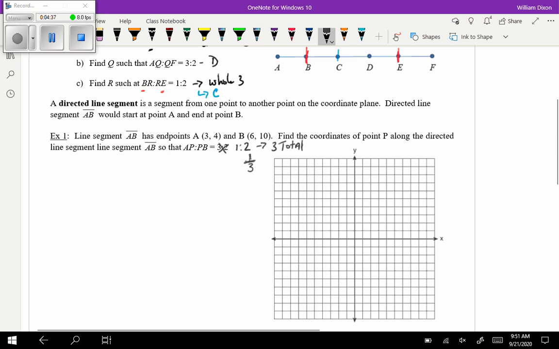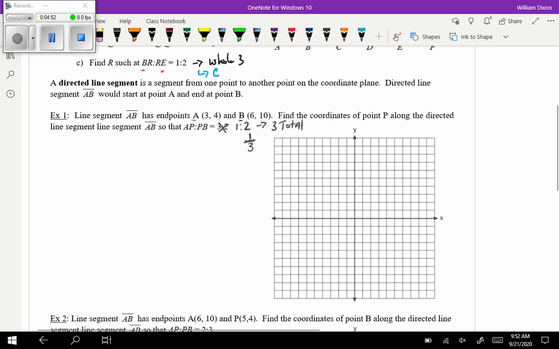So what I do, we are starting at A and we are ending at B. That's the line segment. Line segment A starts at (3, 4) and it ends at B, (6, 10). Without graphing it, I'm going to write down A, 3, 4, and then down here, I'm going to write where it ends, B, 6, 10.